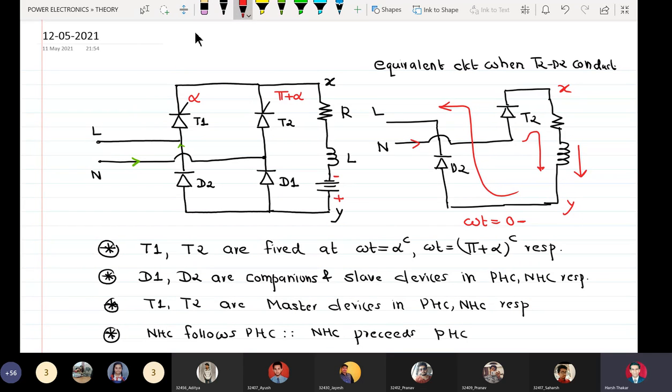Plus minus, and now the positive half cycle has started, plus and minus. Okay, see now the polarities. T1 is forward biased, D2 is reverse biased, T2 is reverse biased, and this is forward biased. Okay, so T1 and D1 are forward biased. Okay, the polarity is like this.